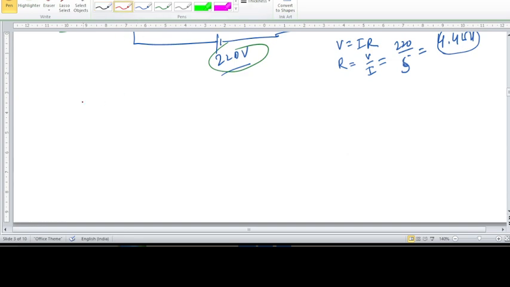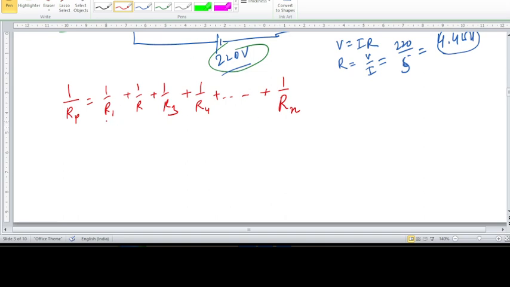I know that in parallel combination the total resistance Rp is given by 1 by Rp equals 1 by R1 plus 1 by R2 plus 1 by R3, when there are three resistances, but if there are more it will go on, 1 by R4 and so on, up to 1 by Rn for n resistances.